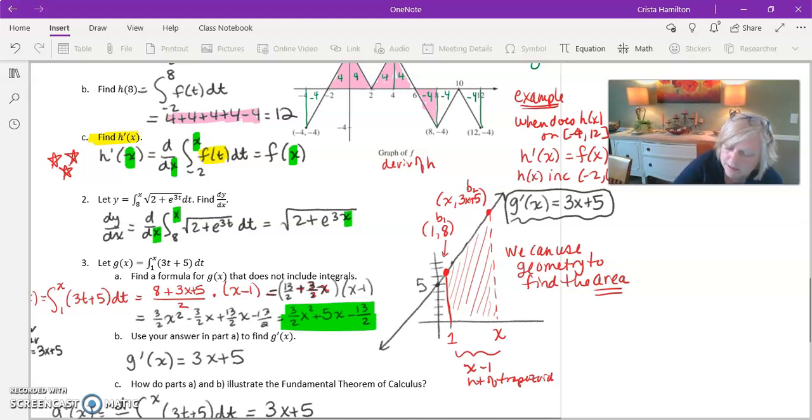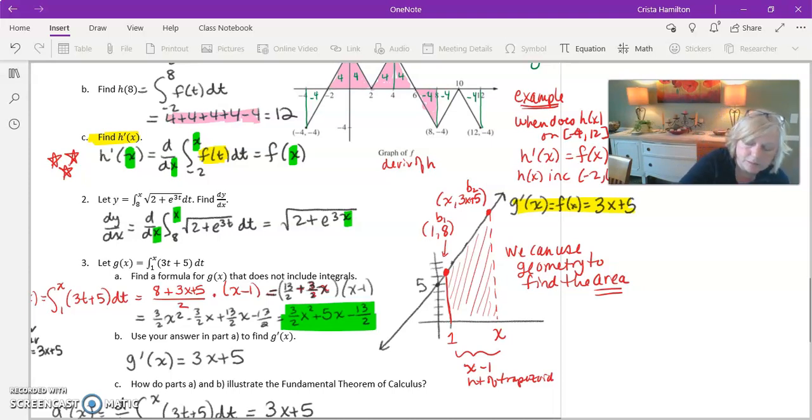Remember, g prime of x is equal to f of x. Maybe I should add that in so that we have that. So g prime of x is equal to f of x, which is my 3x plus 5. So that's the key idea here, is that we graph our rate function and we're looking for the area under the curve.